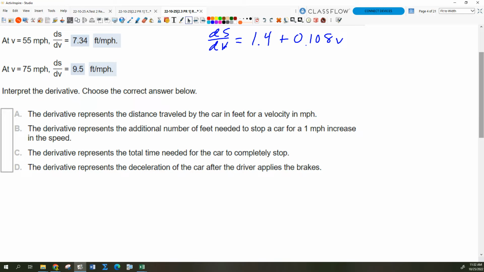Vote with your fingers. 1 for A, 2 for B, etc. Okay. Man, we're all over the board here. We're gonna go through it.